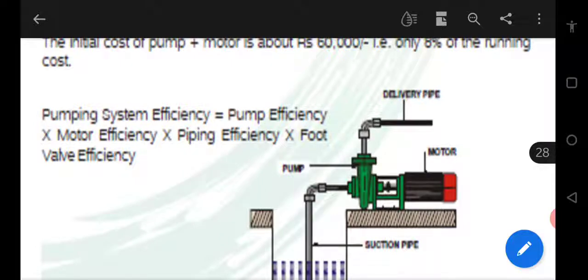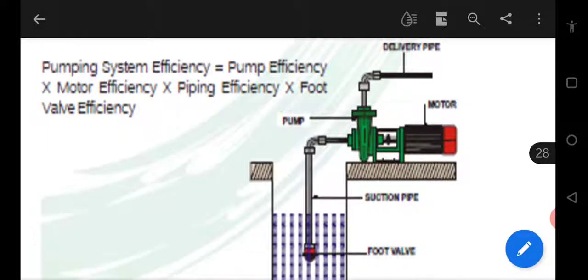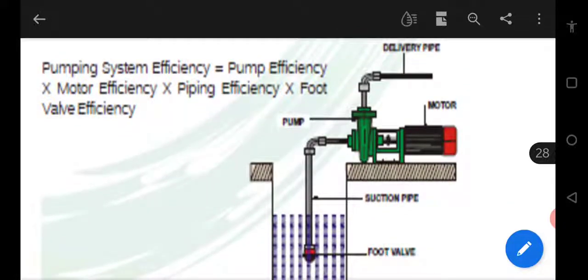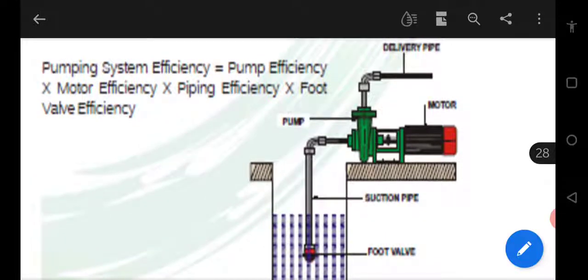And for a pump, the efficiency depends not only on pump efficiency, but also motor efficiency, piping efficiency, and the foot valve efficiency. So you have to take care of the proper foot valve, the minimum amount of suction, and discharge should be there. Unnecessary high pressure discharge should not be there. And pump selection also is a huge subject, and I think you will be studying this in the discussions to happen.